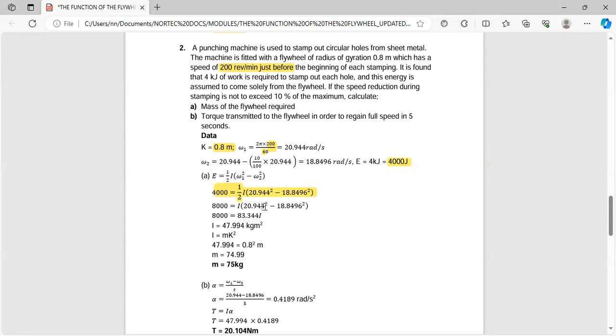On the right-hand side here, I decided to cross multiply by 2. If you multiply by 2 here, you have 8,000, whereas everything else on the right-hand side remains the same. Then in the end, this is what you have. 83.344 I is equal to 8,000. So divide now 83.344 into the 8,000. The result is 47.994.